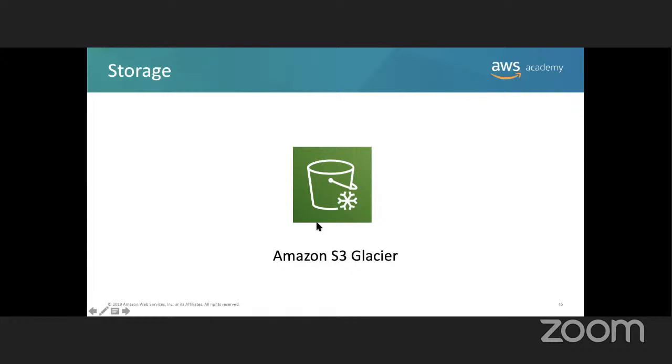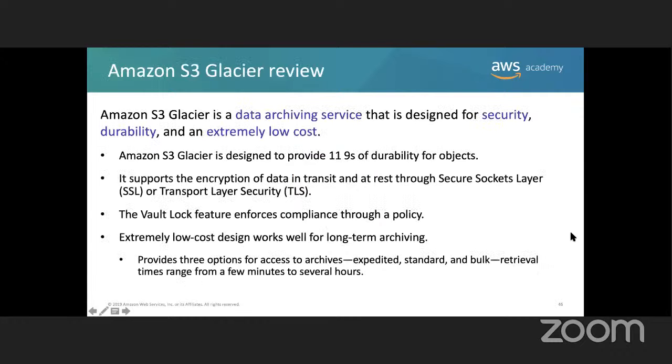Okay, Glacier. That's a class from Amazon S3, okay? Glacier is for archiving. Guys, when you use Amazon S3 Glacier for archiving, you can store your data at an extremely low cost, right? Even in comparison with Amazon S3 standard. But you cannot retrieve your data immediately when you want it, okay?